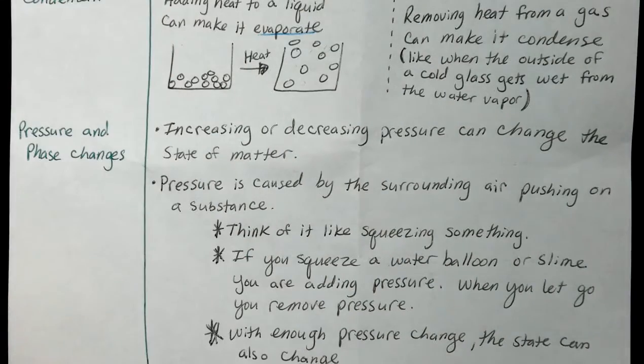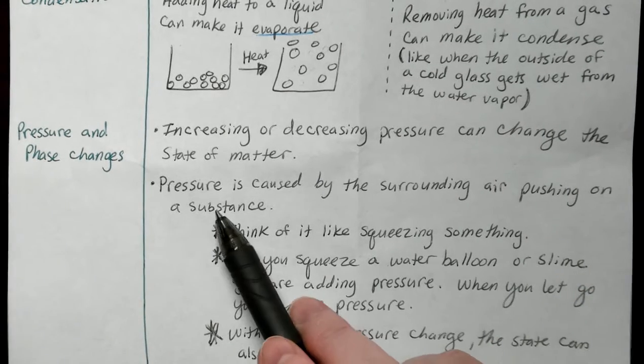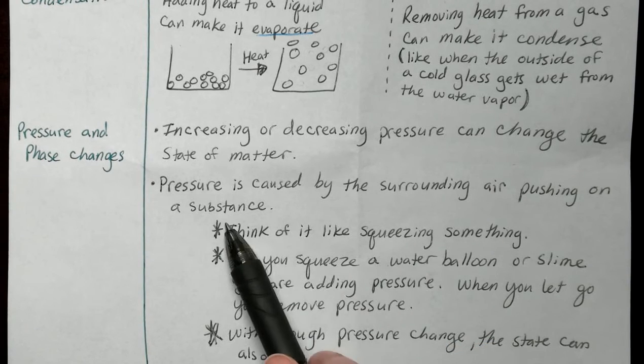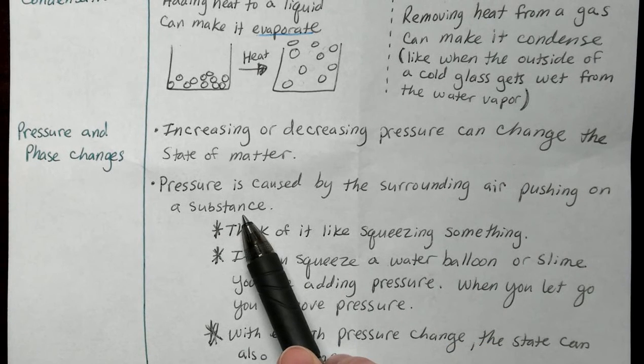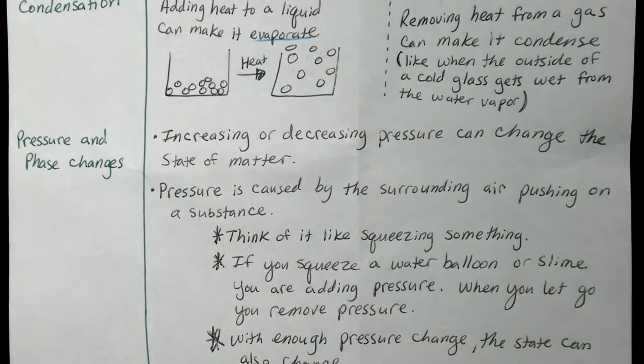That can cause different phases of matter to form. It can either cause it to melt into lava or turn it into a solid. So pressure is caused by the surrounding air pushing on a substance. It could also be from something physically touching it and pressing down on it.